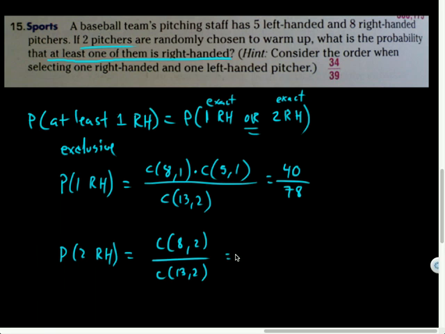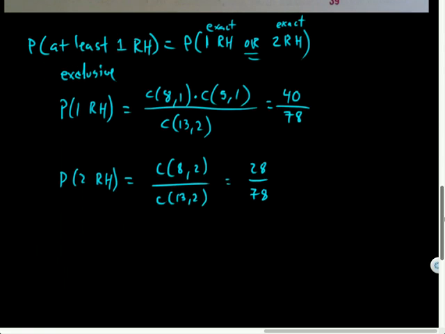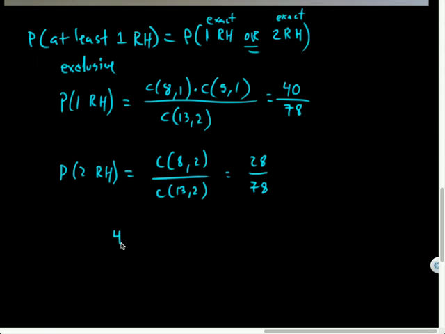I'm not going to reduce that. 8 combo 2, is that going to be 28? Nope, I wouldn't have guessed that one. 78. And since there's no overlap, I can simply add those fractions. 40 78ths plus 28 78ths is going to be 68 78ths.